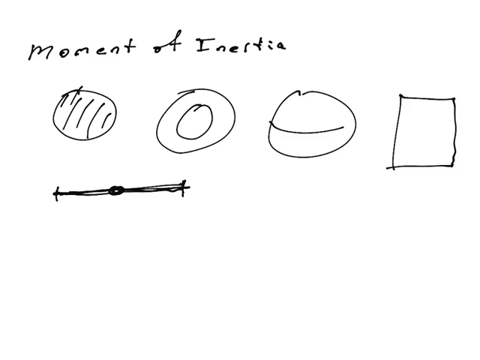So most of the mass is close to my point of rotation. So it's not as hard for me to rotate it. So what we have to imagine is different shapes will have different moments of inertia because where the mass is located is different. Let's say you have, for instance, a sphere, a ball.